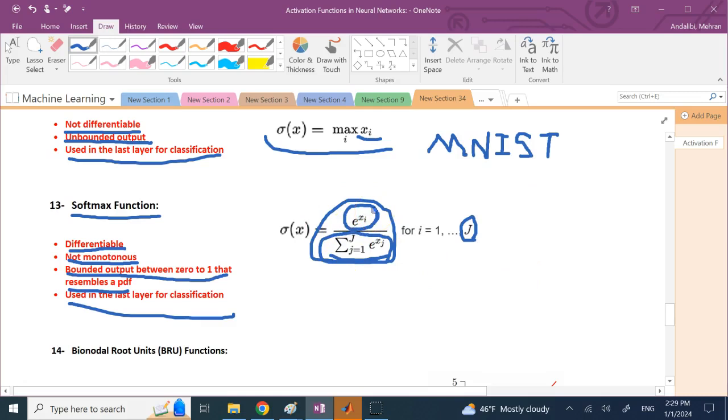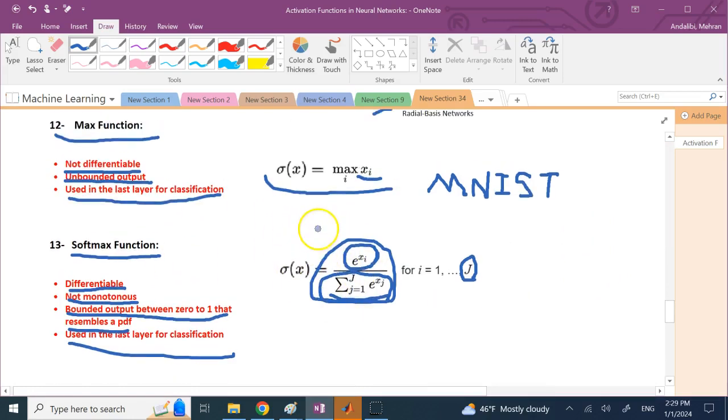Instead of just picking one as the winner and the rest of them as 0, they are losers, right? We say, hey, this guy is the winner with a chance of 0.8, that guy is the winner with a chance of 0.2, that one is the winner with a chance of 0.3. So it's kind of like a probabilistic winner instead of just the max function. And it's a smooth function. That's good.